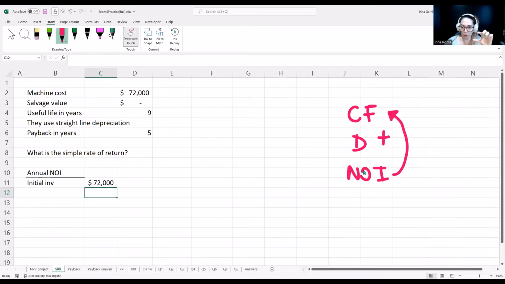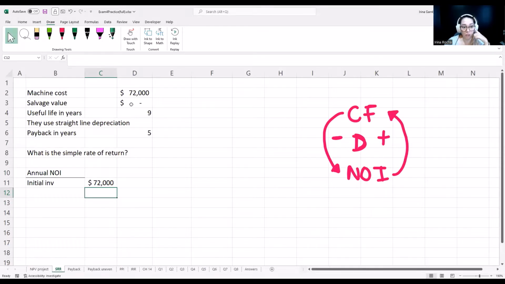So to convert net operating income to cash flow, you add depreciation. But when you want to convert downwards, you have your cash flow and you want to convert it to net operating income, you go down, so you subtract depreciation. Okay, does it help? Do you have any of that information?